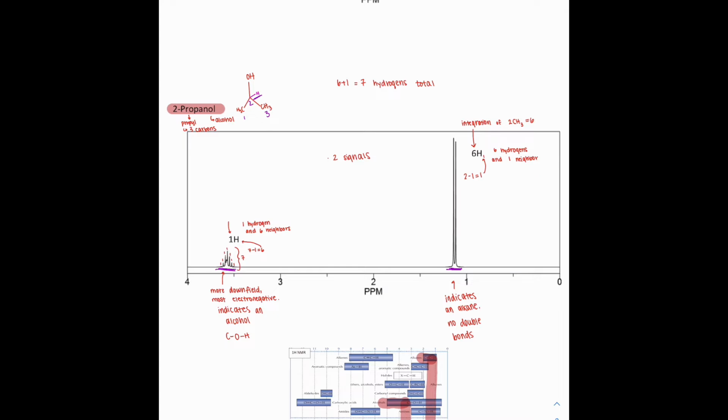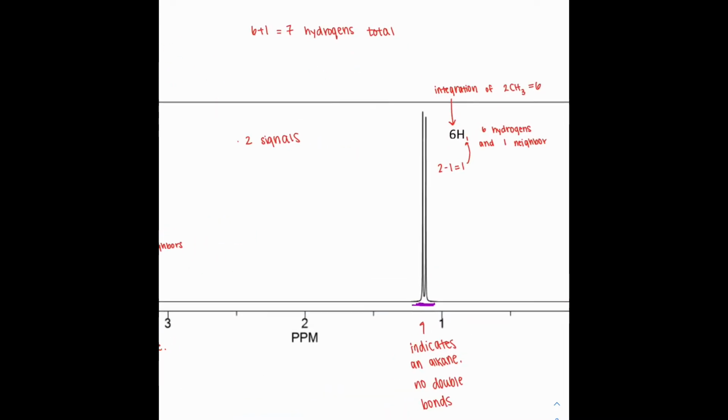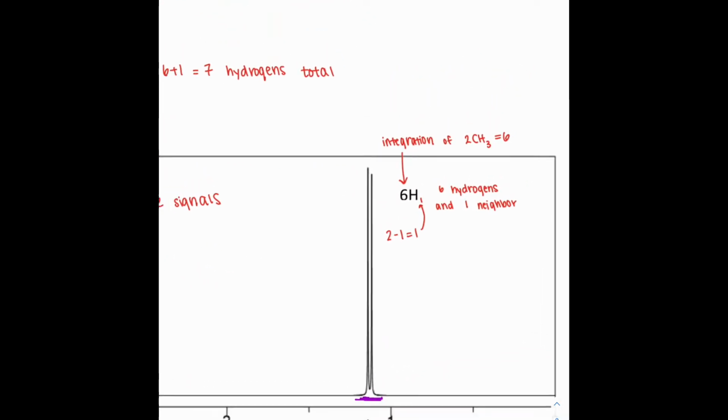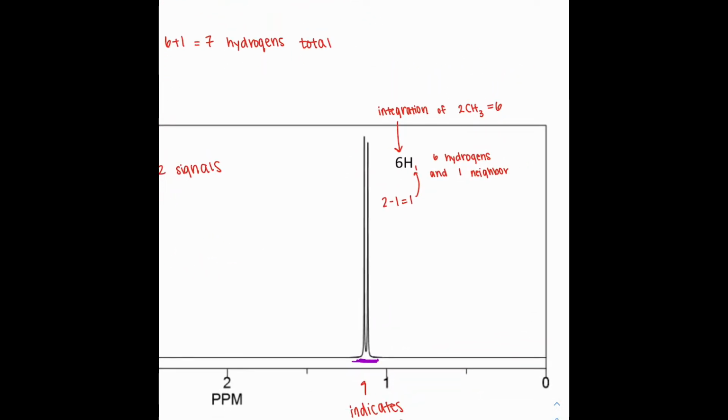So there are some other things that we need to look at. On this first signal, there are 2 peaks, and then there's a 6H. The 6 means that this signal is accounting for 6 different hydrogens.